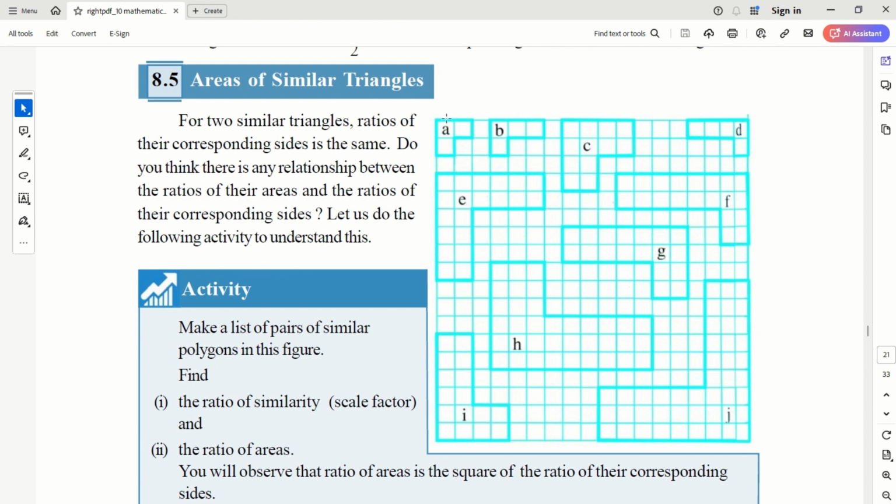Okay, so if you see this given graph here, the area A, you can see the shape of it. Okay, and which is the similar shape of this one? This has 1 2 3. Okay, and if you see here, C, this shape is exactly the same as A, correct?